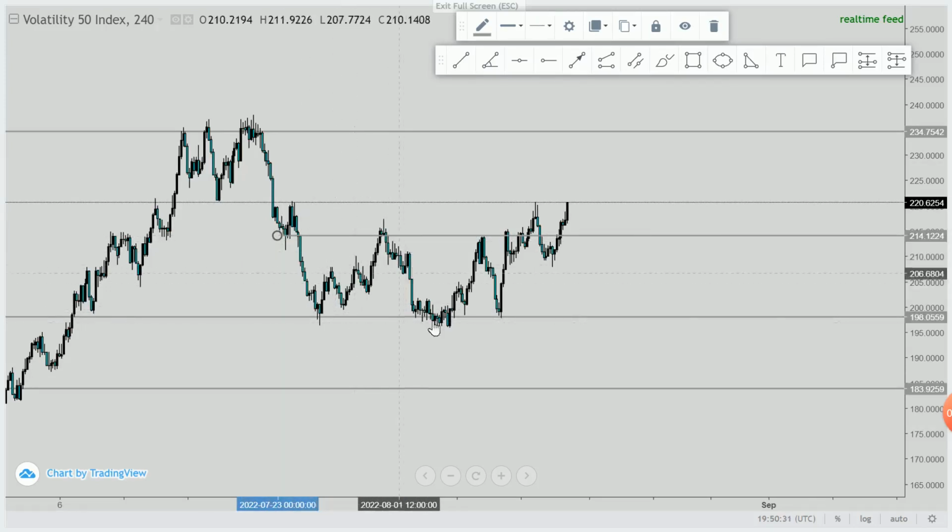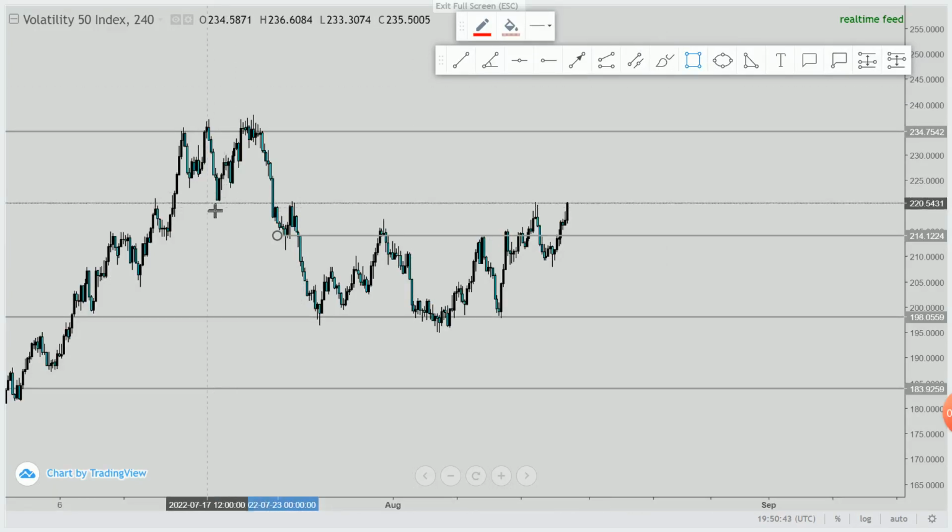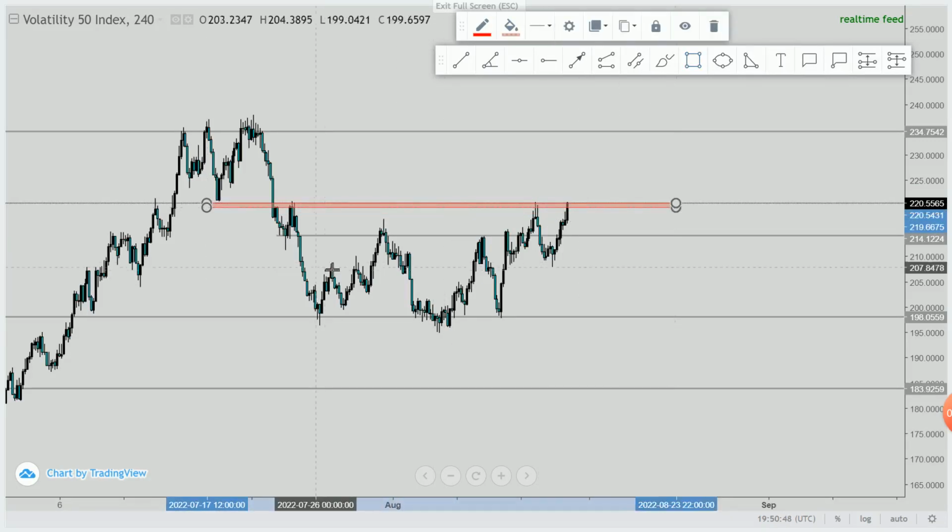We did bounce off, bounce again, broke out, came back in, and now we are back out. We also have an area of interest currently on the 4 hour. You see this? Now we can start looking at these areas as zones. Already that tells you something.